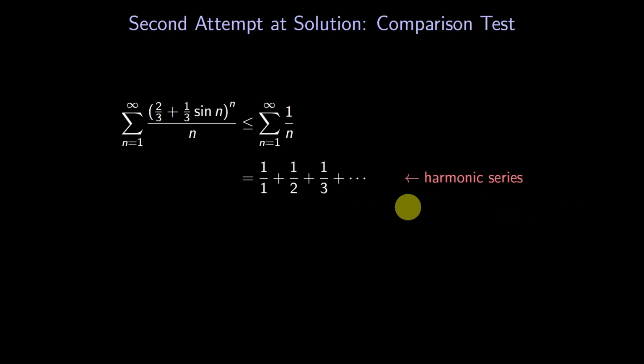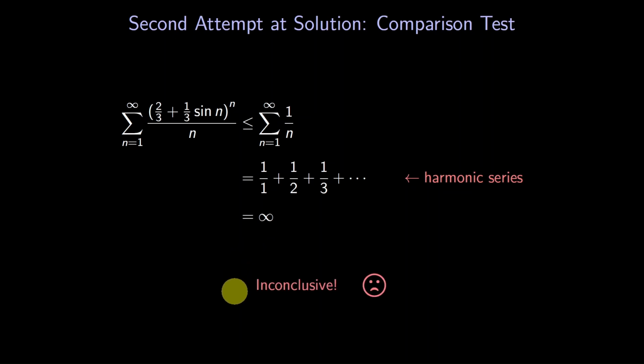And what do you know about the harmonic series? It diverges to infinity. That means the partial sums become as large as desired, eventually passing 1,000, 1,000,000, and so on. We have shown that our original sum is at most infinity. Does that tell us whether the original sum converges or diverges?